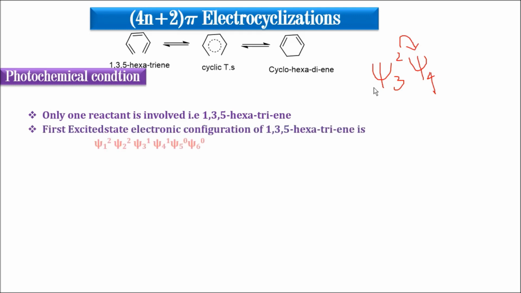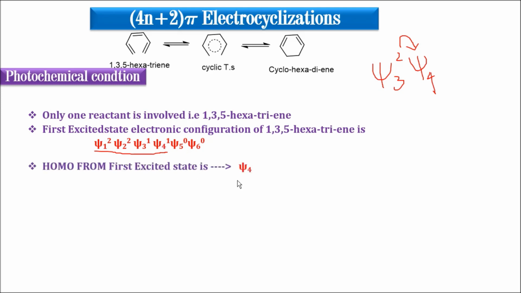The electronic configuration is Psi1 2, Psi2 2, Psi3 1, because one electron is promoted to Psi4, Psi4 1, Psi5 0, Psi6 0. You can see 4 orbitals are having electrons. Of these, Psi4 has the highest energy, therefore the first excited state HOMO is Psi4.